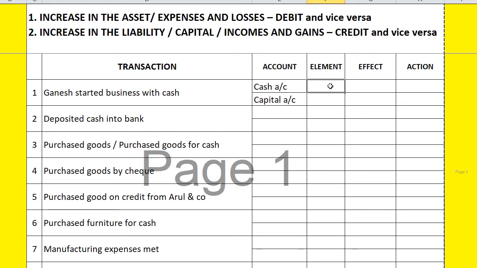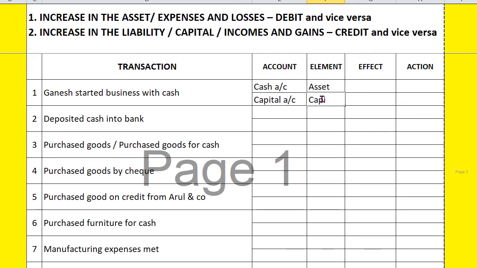Now, first step is to find out the account. Second step is what element it belongs to. Cash is an asset and capital is capital.